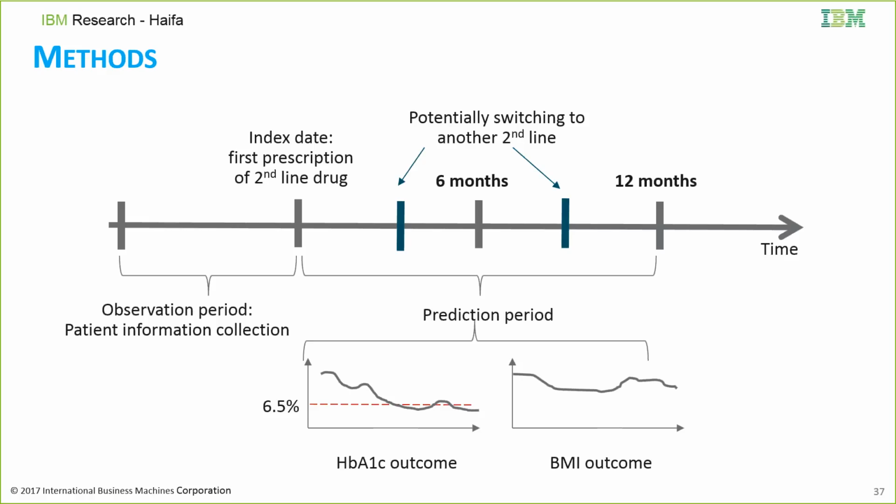And we look at two outcomes: hemoglobin A1C, and the other one is BMI. And just after the 6 months or 12 months, whether the outcome was above or below the threshold.